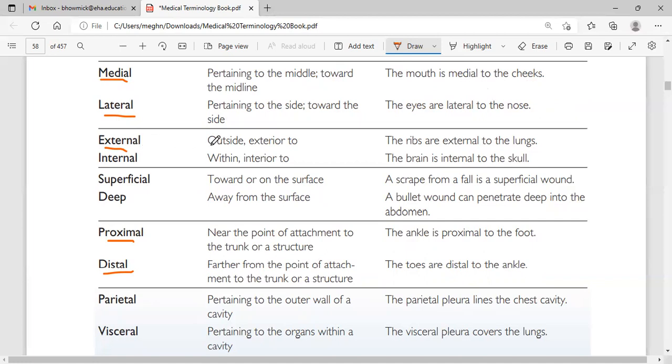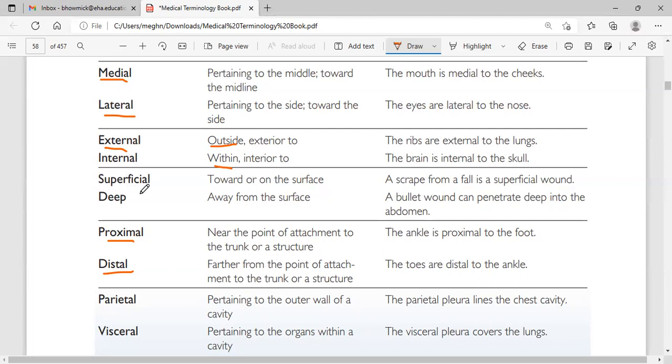External means outside. Internal means within the body. External, outside or exterior to. Internal, inside or interior to. Example, external: the ribs are external to the lungs. Internal: the brain is internal, inside or interior to the skull.